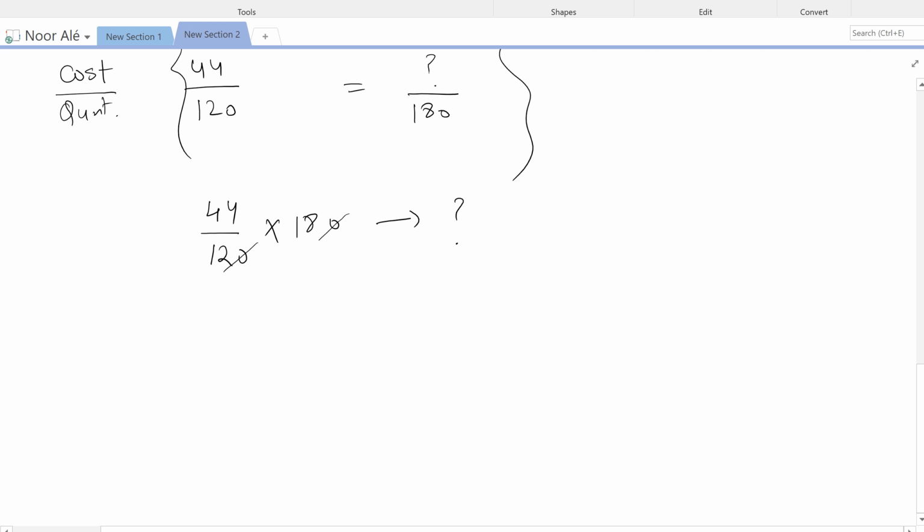So you divide them by 10, and then you can divide them by 4. 4 is common factor, or you can divide 12 and 18 by 6, because 6 times 2 is 12, and 6 times 3 is 18. And then you can divide 44 by 2, which is 22. 22 times 3 is 66. So that is the answer.